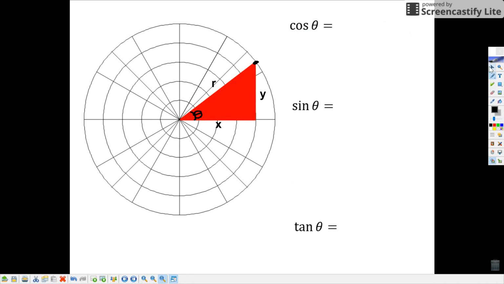Okay, so if we think of this angle right here as theta, then cosine of theta, remember cosine is our adjacent over our hypotenuse, so it would be our x over our r, like shown right here. So our adjacent over our hypotenuse. Now, when we talk about polar and rectangular coordinates and converting between the two, we like to have x and y on their own side of the equation.